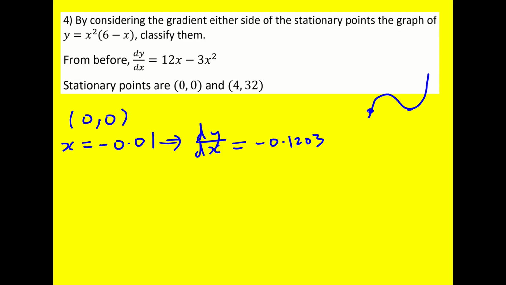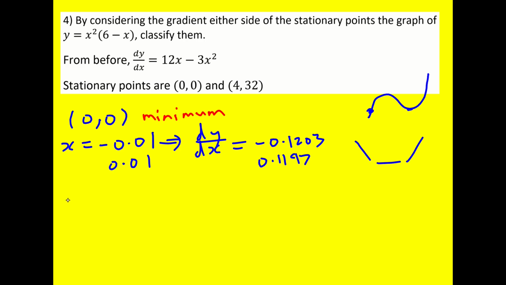If I then look just to the right, I get a positive. So it goes negative, then 0 at the stationary point, and then positive. I've shown that it's going to be a minimum. Okay, it's a little bit more technical. You need a calculator, but you can get there. I hope that makes sense.